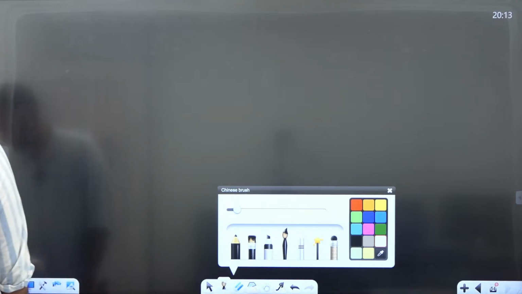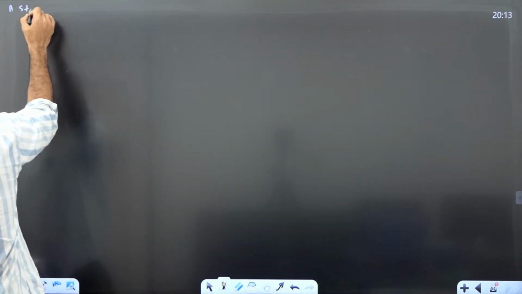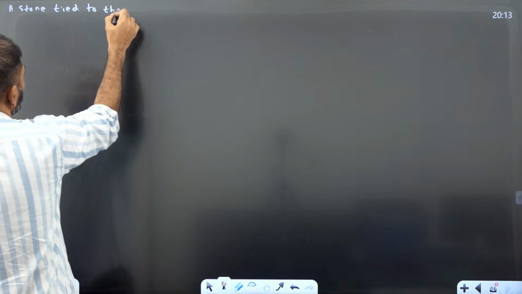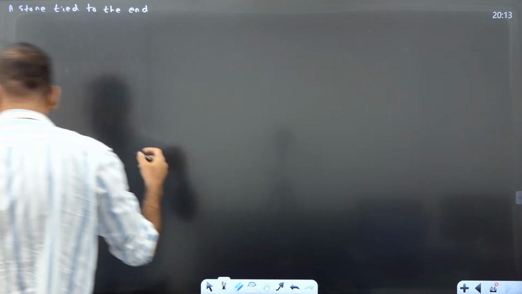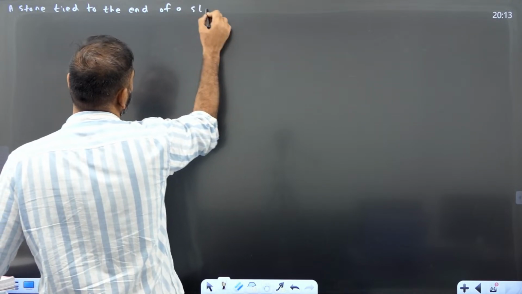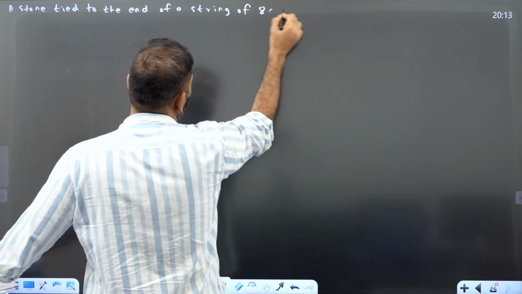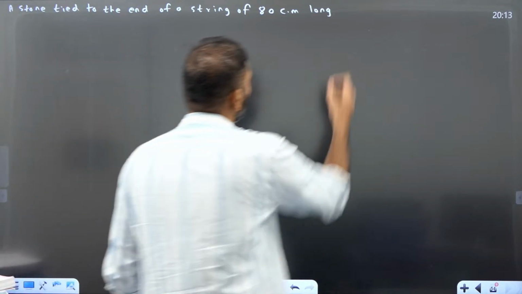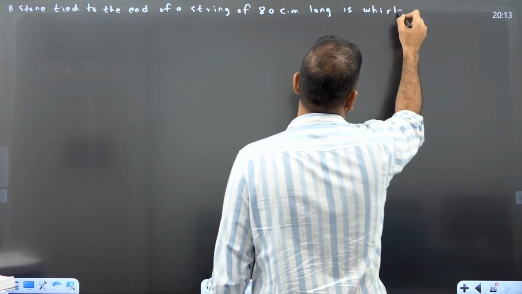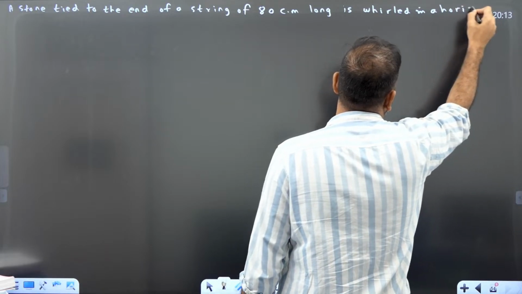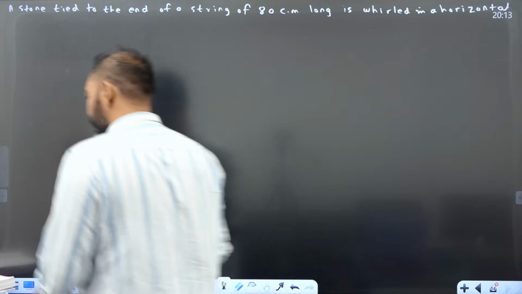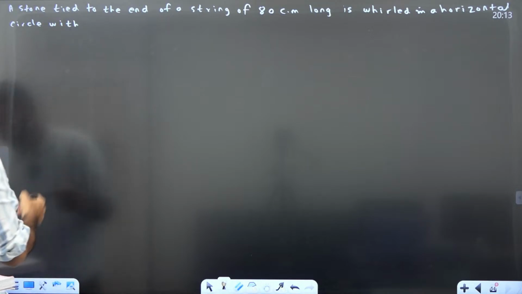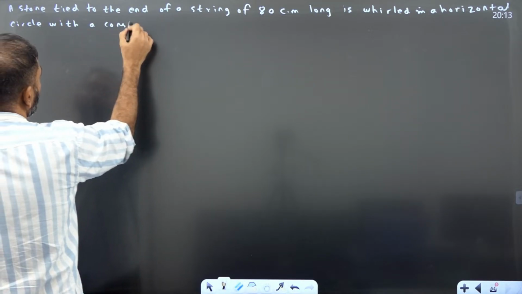Next question. A stone tied to the end of a string of 80 centimeter long is whirled in a horizontal circle with a constant speed.